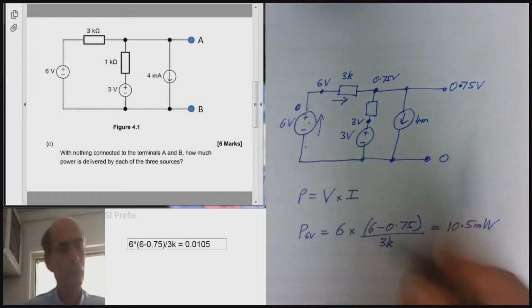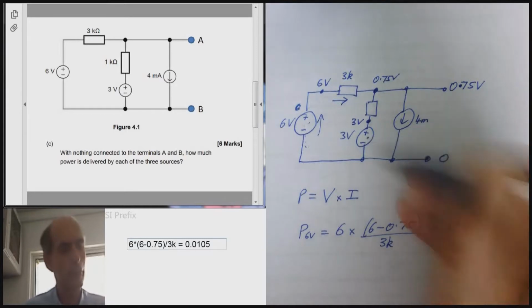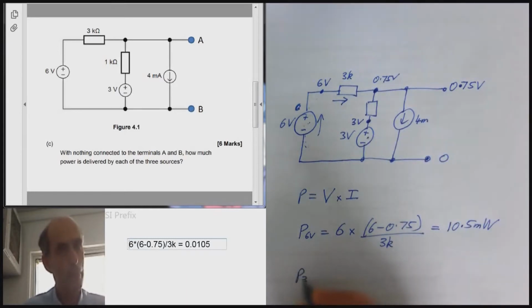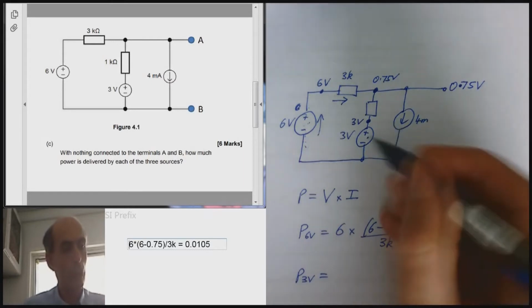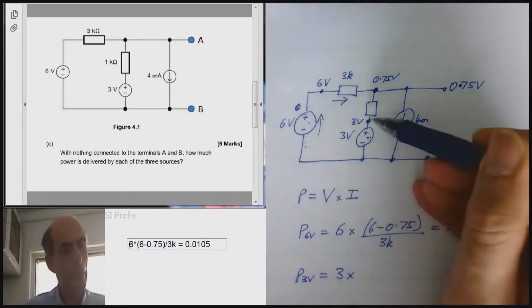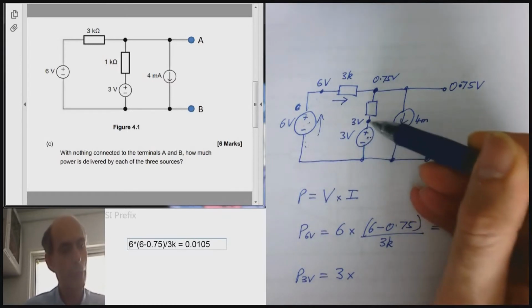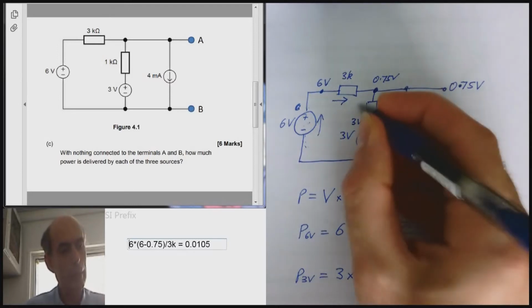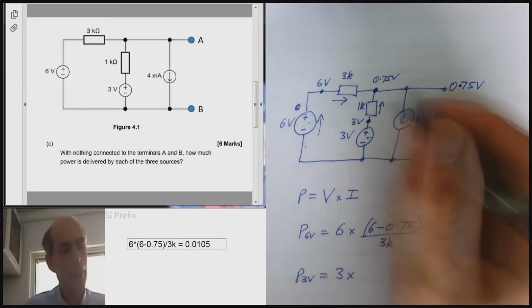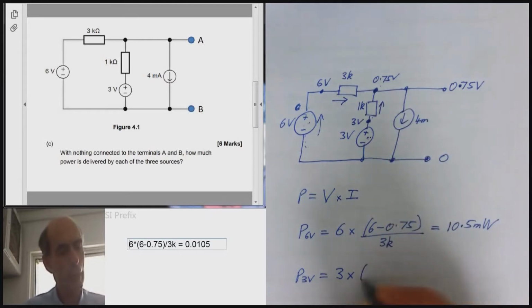Exactly the same technique can be used to work out the power of this 3 volt component. The voltage across the 3 volt component is 3 volts. The current through the 3 volt component is the same as the current through this 1K resistor. The current through this 1K resistor is the voltage across this 1K resistor, which is 3 minus 0.75, divided by 1K.